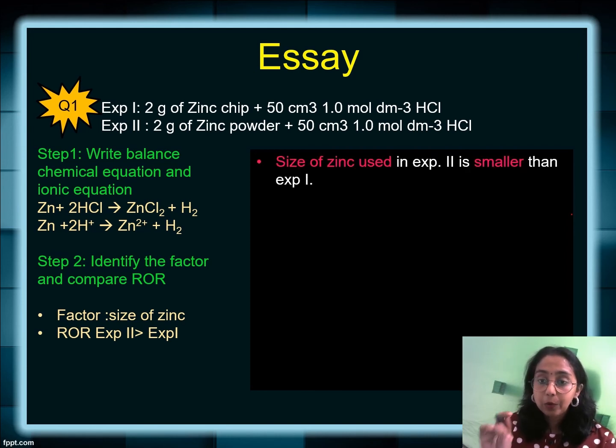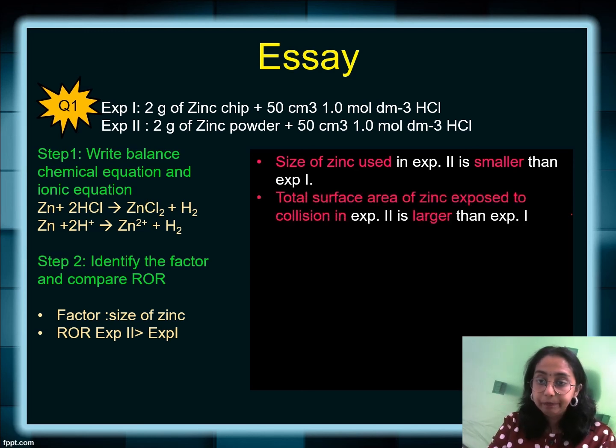So how do we go on writing the essay? The first point, you have to mention the factor. The factor here is the size, right? So the size of zinc used in experiment 2 is smaller than experiment 1. Remember, when you're writing an essay, you have to compare, so you have to mention both experiments in the comparison.